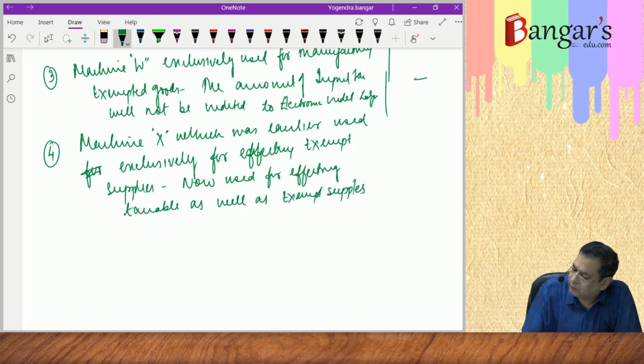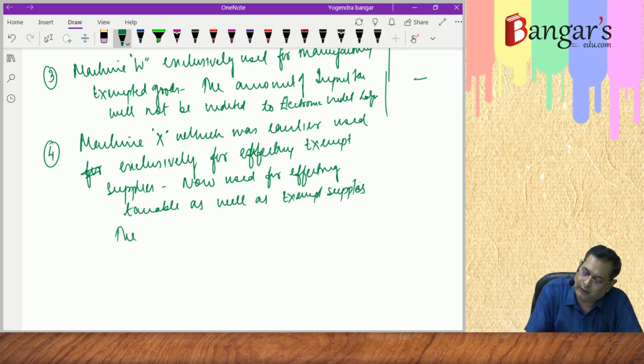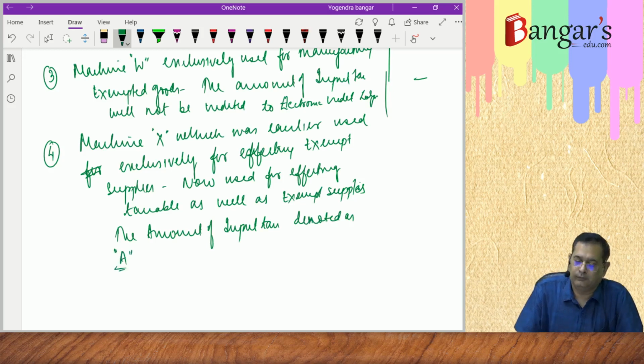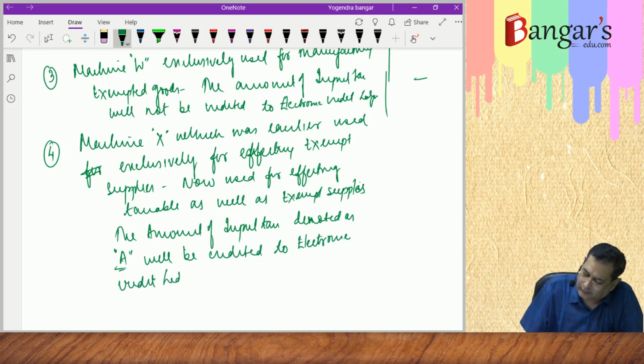Now it is used for effecting taxable as well as what? The exempt supplies. Now what happens is, the amount of input tax, denoted as A, will be credited to electronic credit ledger.